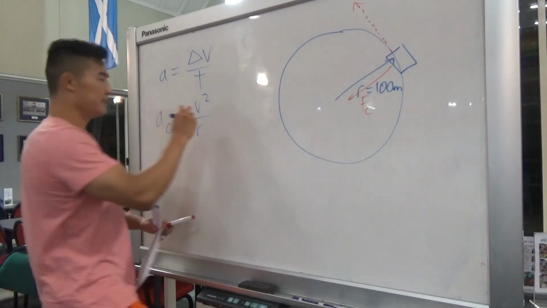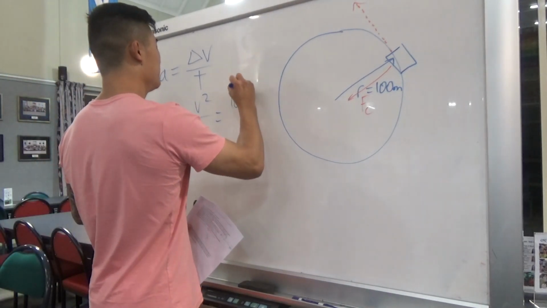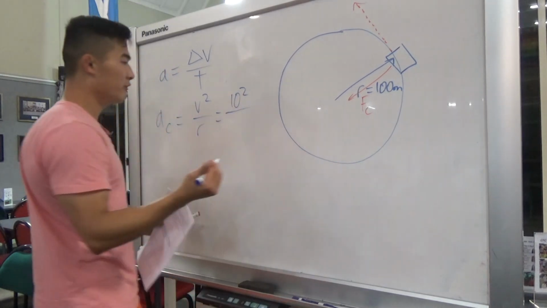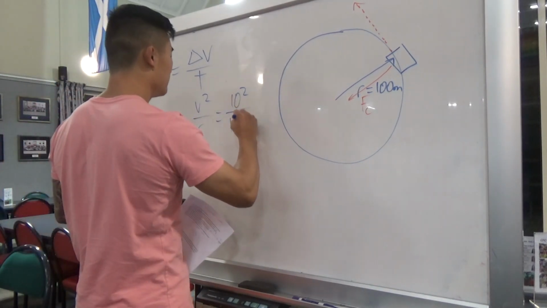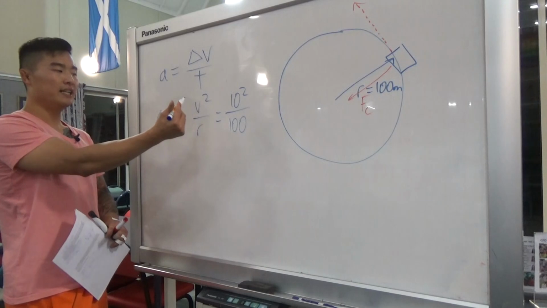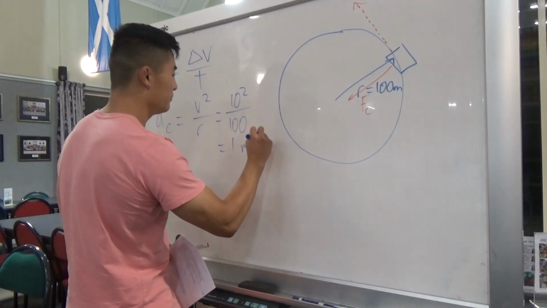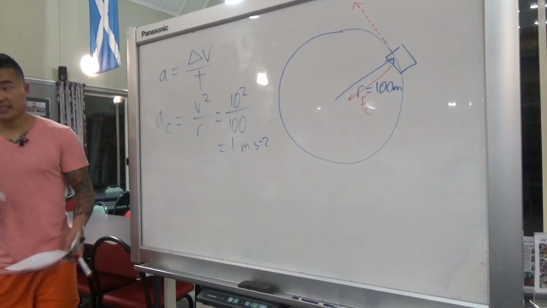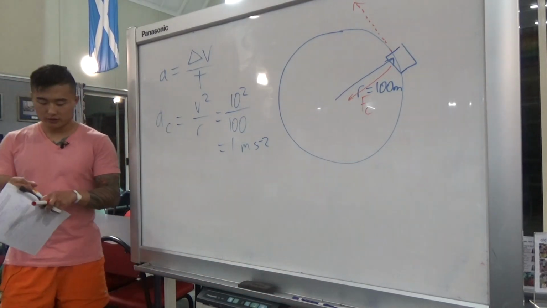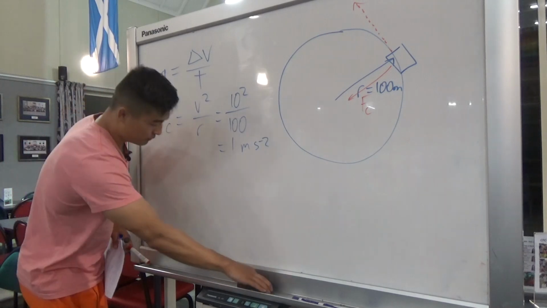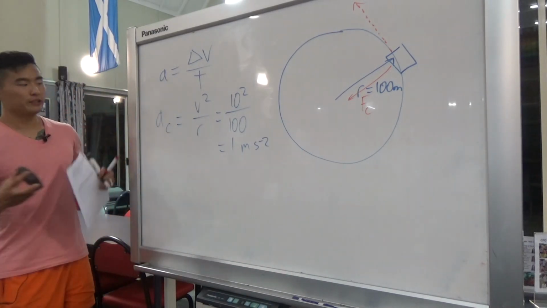Our velocity is 10 meters per second, so 10 squared over our radius, which is 100. 10 squared is 100, and 100 over 100 is equal to 1 meter per second squared. So we can see that option A is true. We want to look for the false option, so we'll move on.